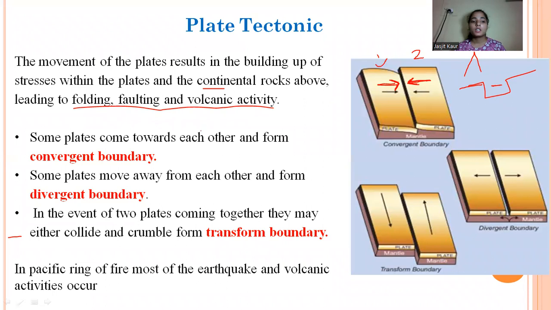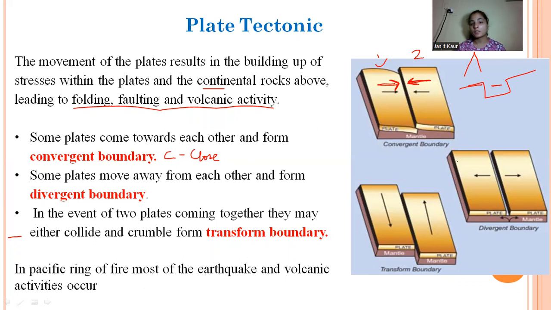So now you can remember it like this only. Convergent means close. When plates are coming very near to each other, that movement of plates is known as convergent boundaries. Okay. Divergent means plates move away from each other.